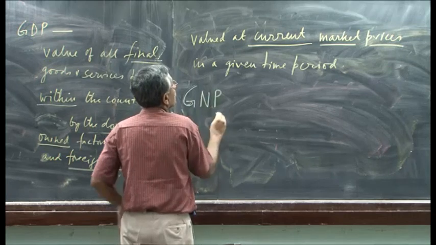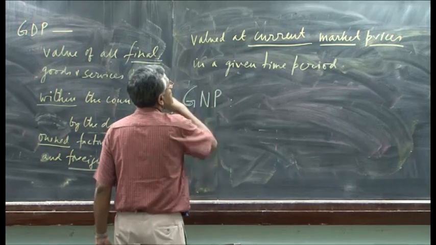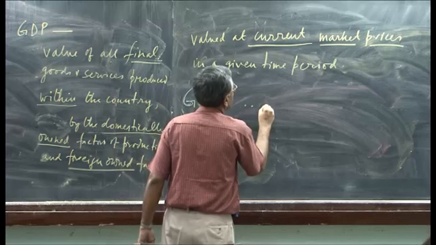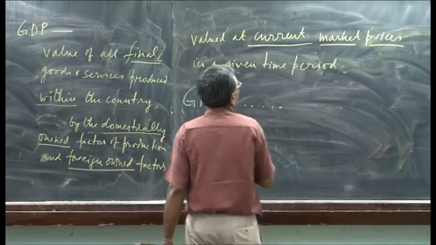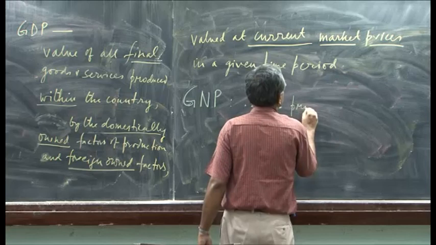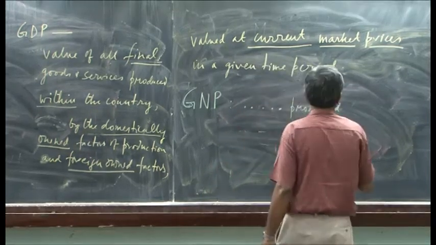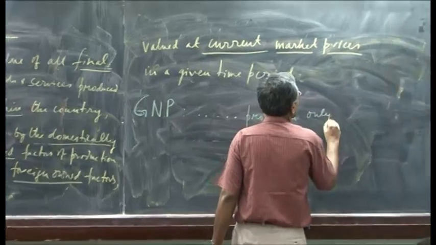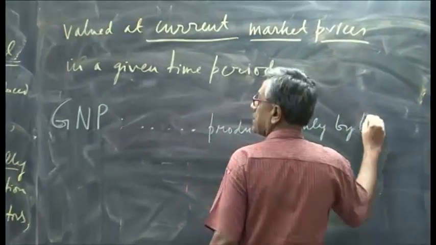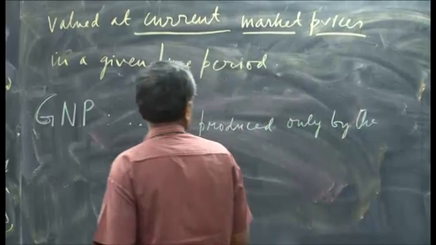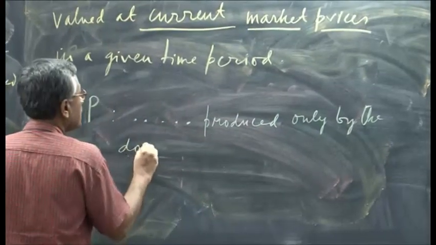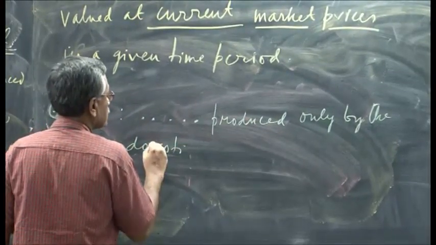GNP is only slightly different. GNP says the same thing but produced only by the domestically owned factors of production.